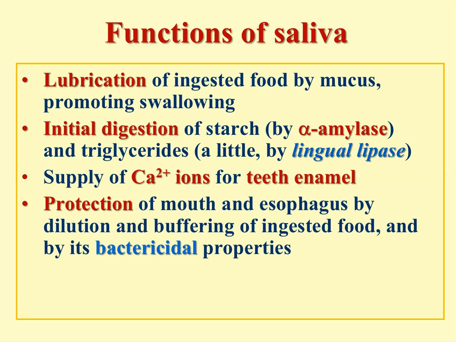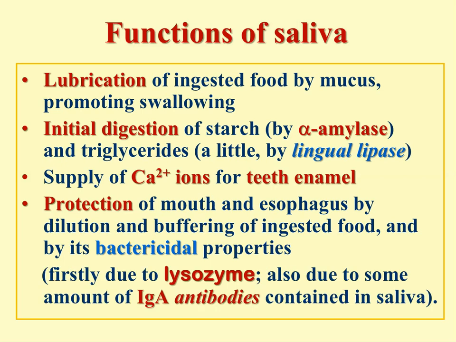So it kills bacteria and helps to prevent development of ulcers, development of different damages for the mucosa in the oral cavity. So due to lysozyme mainly. But also some protective antibodies are present, the so-called secretory immunoglobulin A, present in saliva, and so also it helps to protect the oral cavity and the body as a whole.